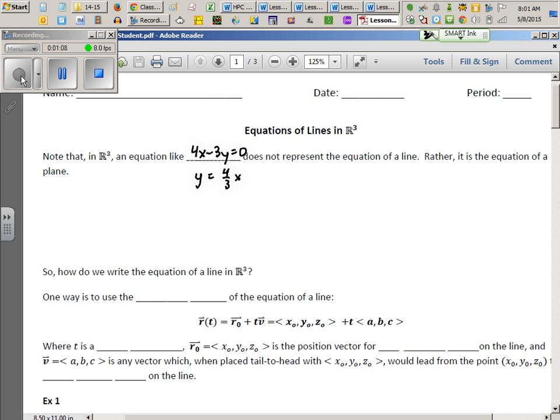If you were doing a 3D discussion with your teacher and I said, okay, everybody graph y equals 4/3 x, that is actually not a line, because it's a line only if you're on the xy plane.